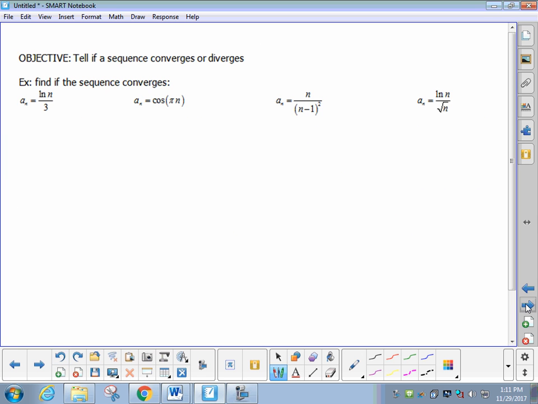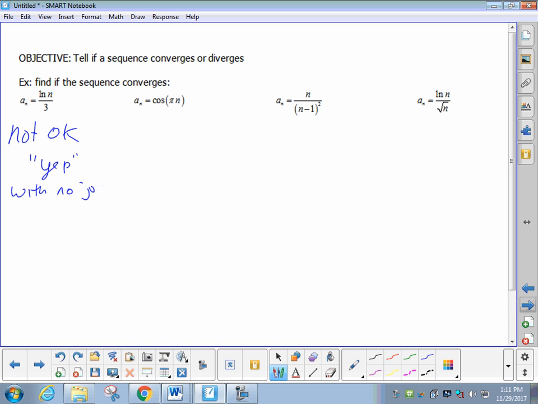All right. That said, when I ask you to tell me if a sequence converges or diverges, in the book, I wrote it kind of like the book does. It'll say, find if the sequence converges or diverges. You shall not say yep with no justification.